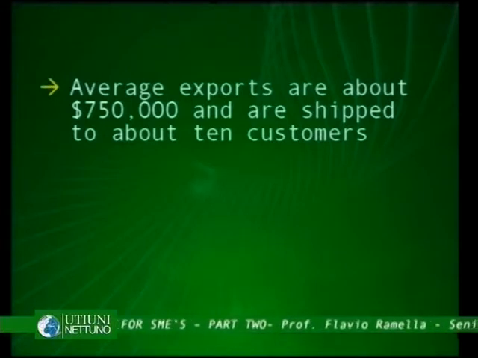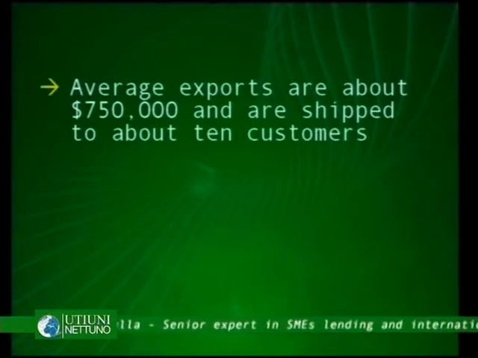They have average exports of about 750,000, and they do shipments to about 10 customers. So it is a company that produces more but still has very few foreign customers.